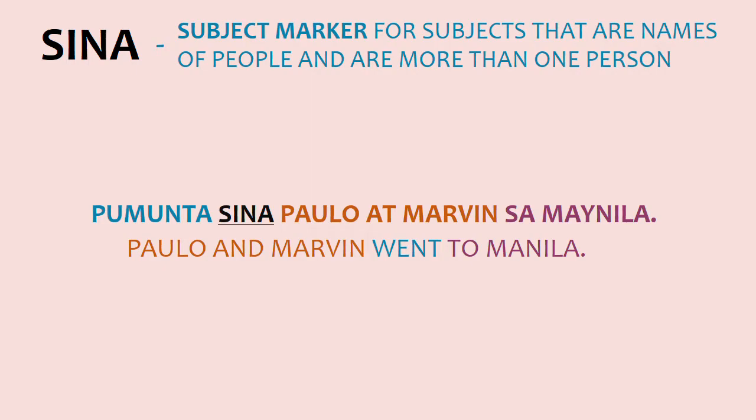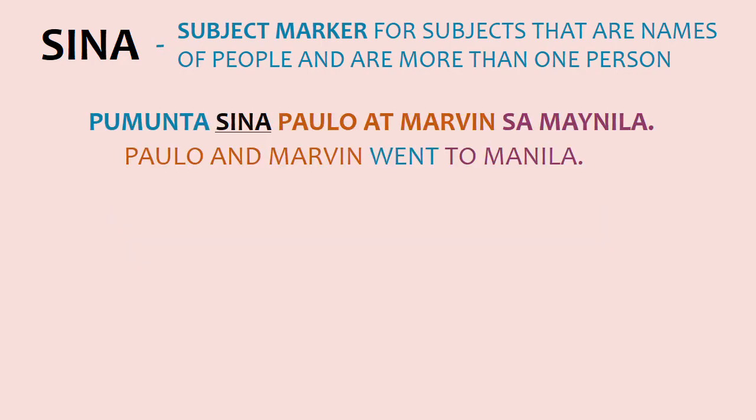But in Tagalog, it's a must. So if the topic or the subject of the sentence are names of people and they are more than one person, you use SINA. You cannot say, pumunta Paulo at Marvin sa Maynila because it sounds incomplete. You have to add a subject marker.